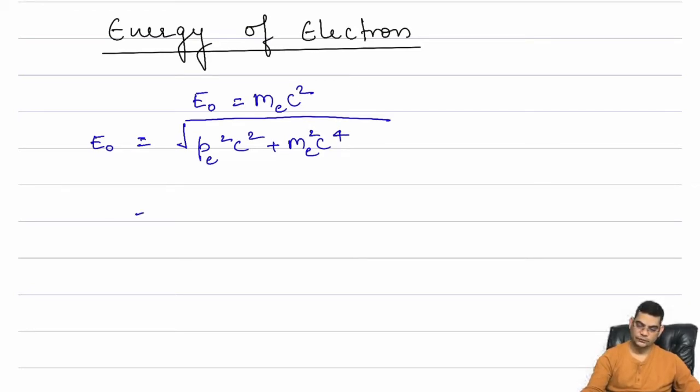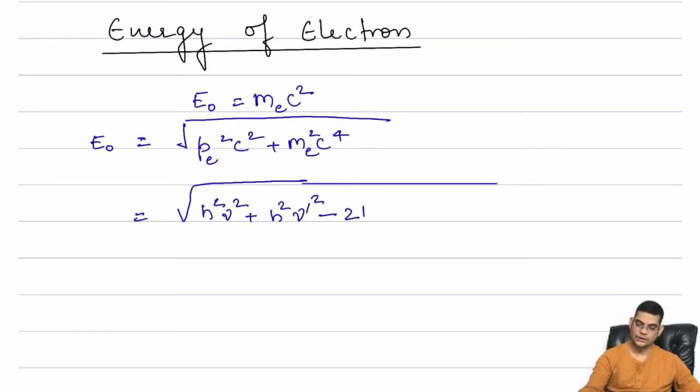Now by putting the value of the momentum of the electron from equation 1, we get that is equal to root of h square nu square plus h square nu dash square minus 2 h square nu nu dash cos theta, plus m square c to the power 4.